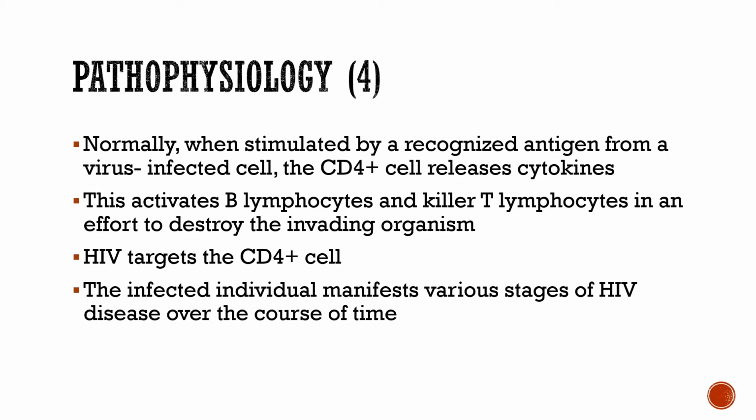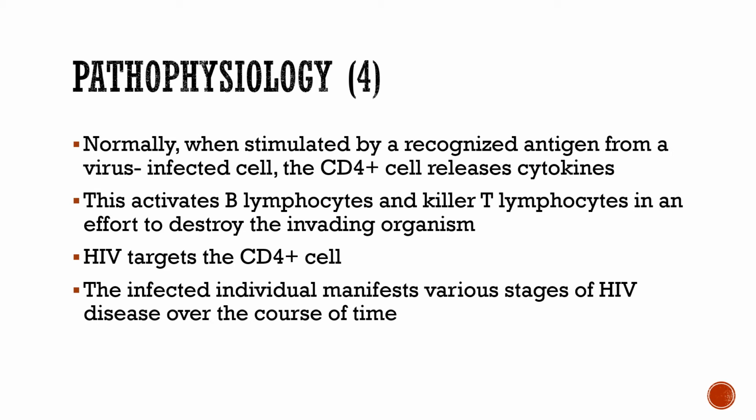So now my cells are recognizing that there is something amiss. There is an invader. There is a pathogen. And so my body is now going to work to try and destroy this organism. However, in HIV, the virus will target the CD4 cell. So it's coming right for that CD4 cell.